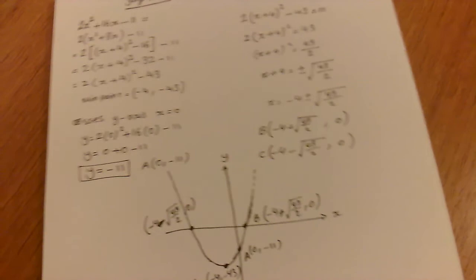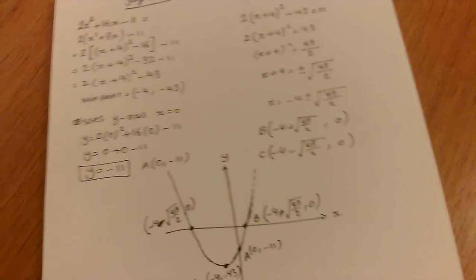Let's say here, which we call this point B, with coordinate of minus 4 plus root 43 over 2 and 0. Minus 4 minus root 43 over 2, it would be about this point. Minus 4 minus root 43 over 2 and 0.